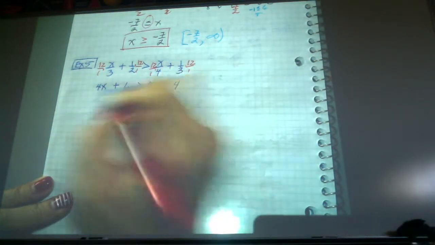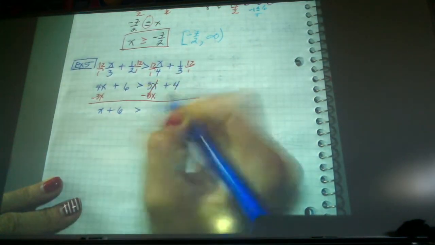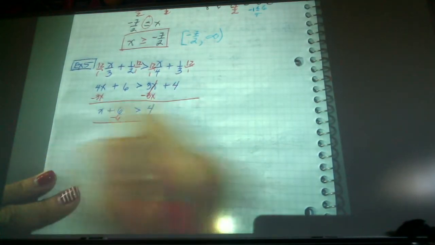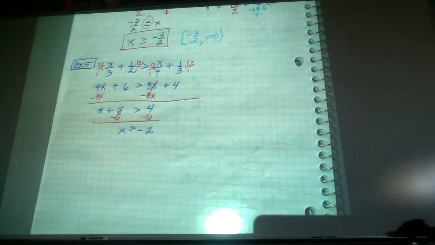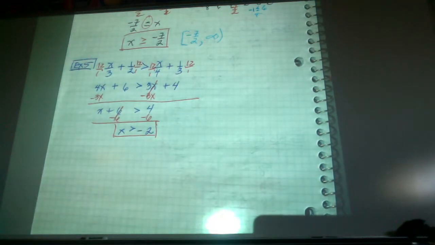And then graph your solution. Write that in interval notation and graph it.